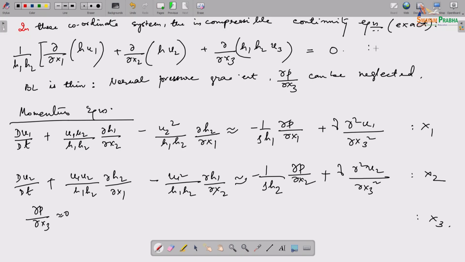So, this is the continuity, and these are the momentum equations. So we have the continuity, and these are the momentum equations, x1, x2 and x3. Okay. Now here let me write down a few things.